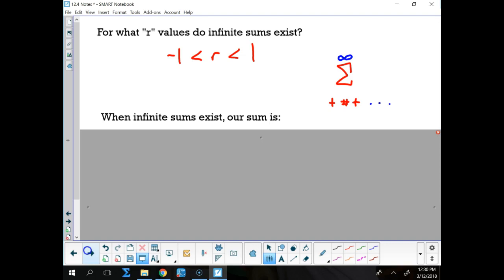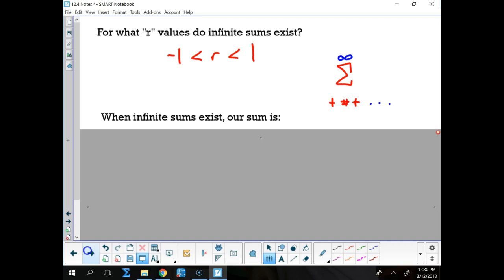Okay, so that's your first look. Is it infinite? Because if it's not infinite, then we go back to last week and those formulas. But if it is infinite, then we have a new formula.